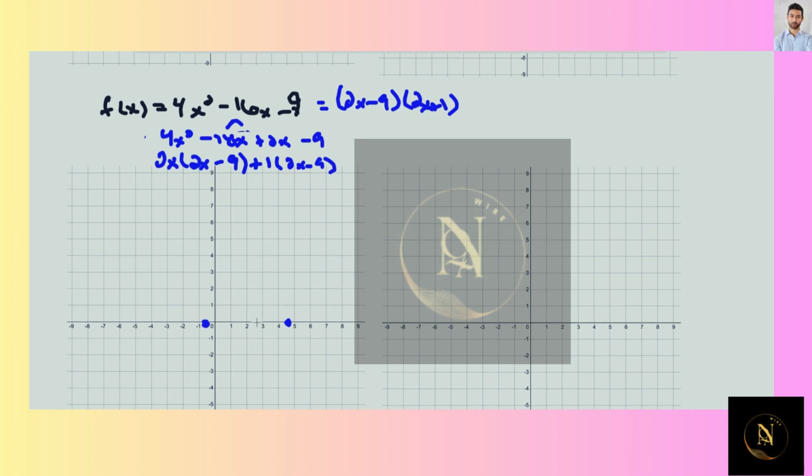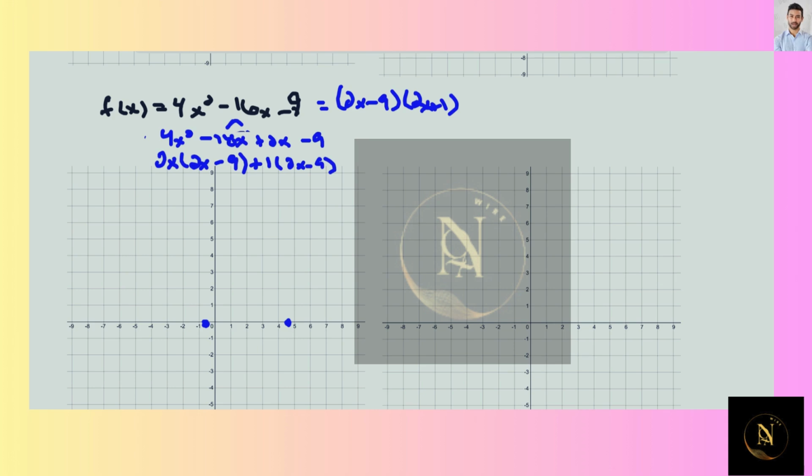The axis will be exactly in between them. There are 5 units between them. Half of that would be 2.5 on each side. So x equals 2 is the x coordinate of the axis.